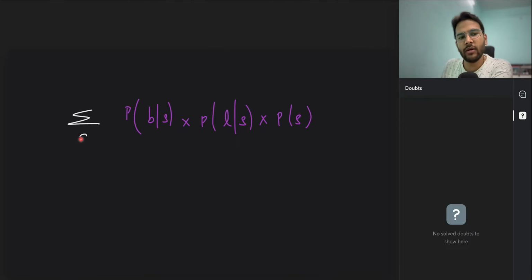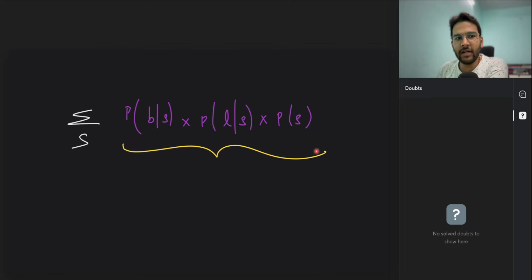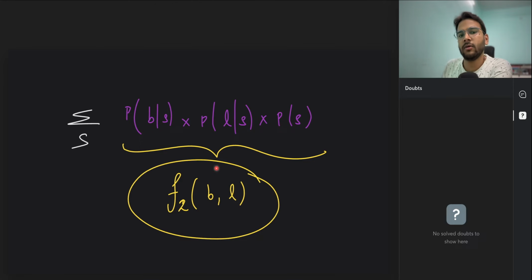If I sum over this variable S, what kind of factor can I write here? As we are summing over S, whatever remaining variables you have in this expression would come under this factor. Let's say it is factor 2, so can I write this as B comma L? Do you agree?